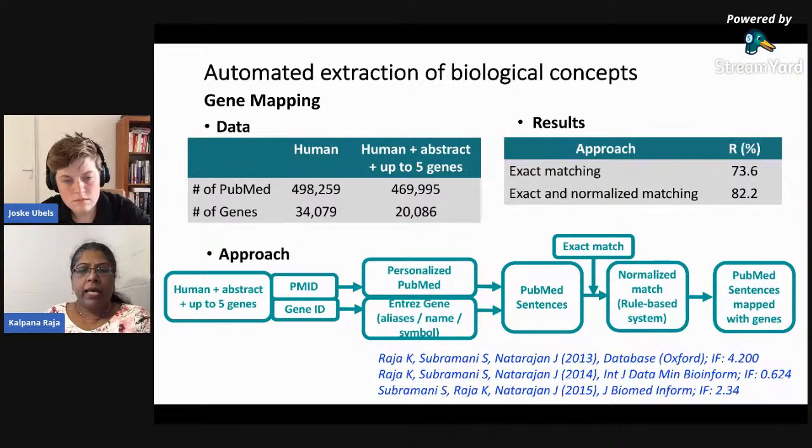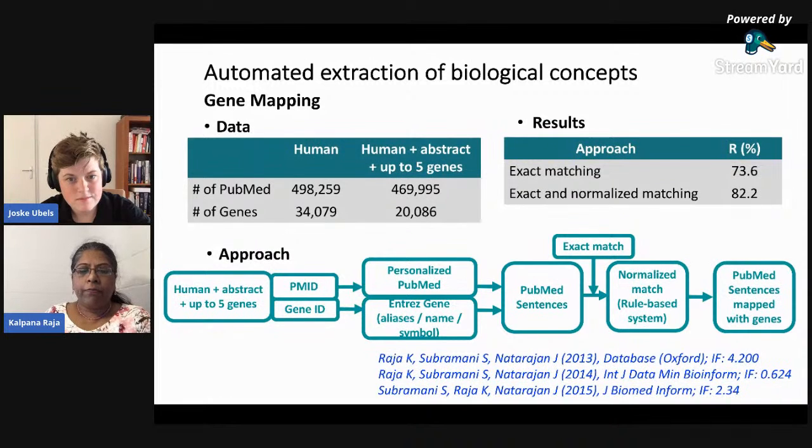The first step is exact string match. Here we assume that the researchers write the gene aliases, names, and symbols in the same way as mentioned in Entrez Gene. Of course, we all know that this is not always true.